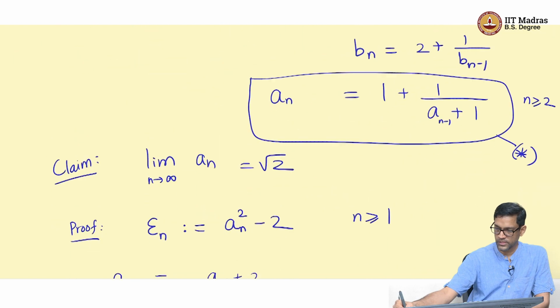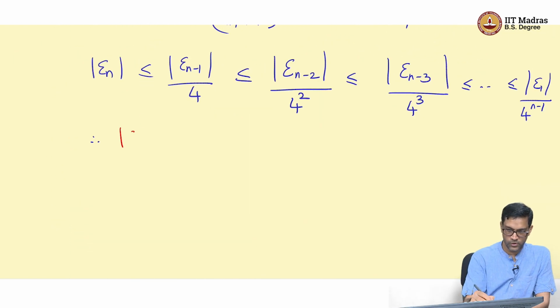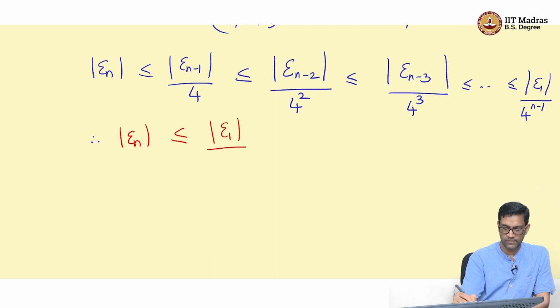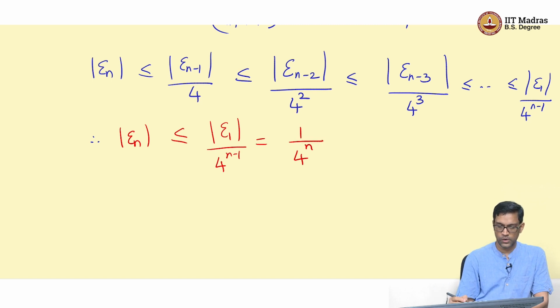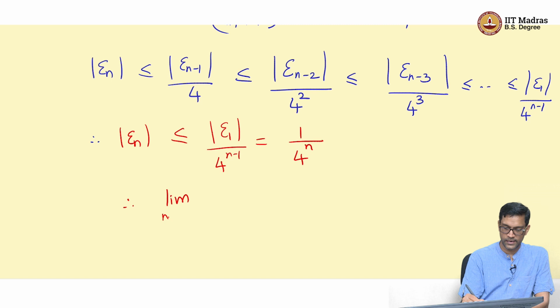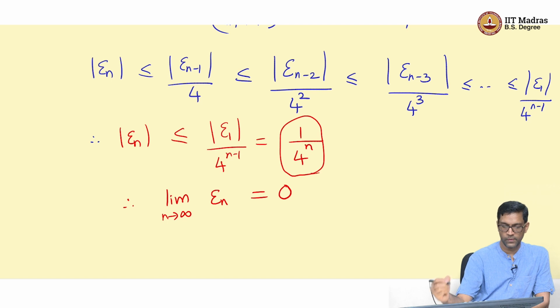Okay, so let's also put that in. So what does it mean? Therefore, epsilon_n we conclude is less than or equal to epsilon_1 by 4 power n minus 1, but epsilon_1 is 1 by 4. So I finally conclude that the modulus of epsilon_n is less than or equal to 1 by 4 power n. Therefore, the limit is 0. So the limit as n goes to infinity of epsilon_n has to be 0, right? Why? Because 1 by 4 power n goes to 0 as n goes to infinity.